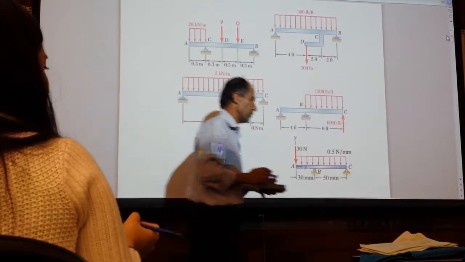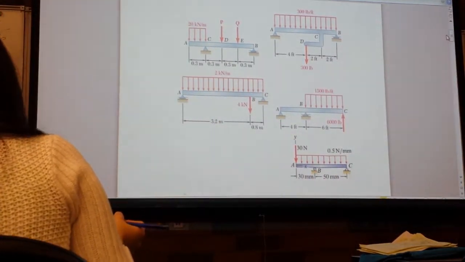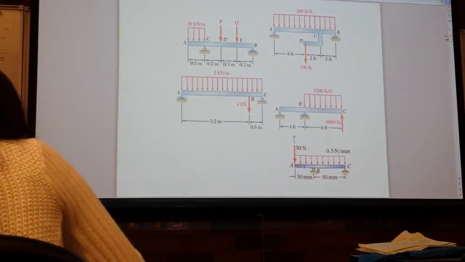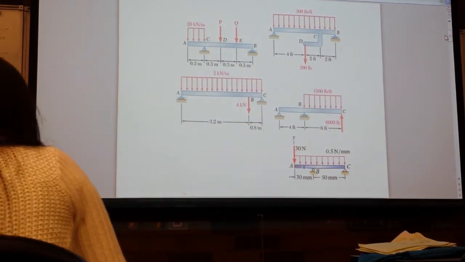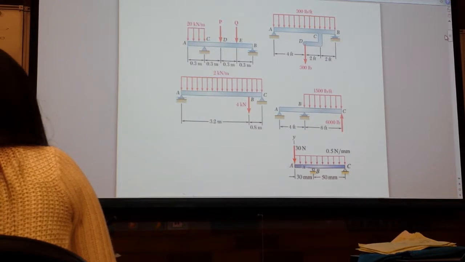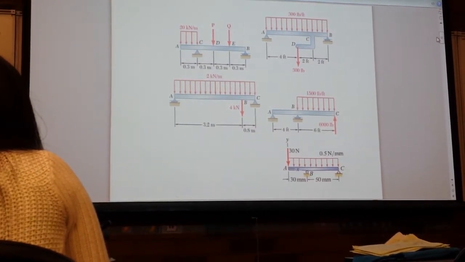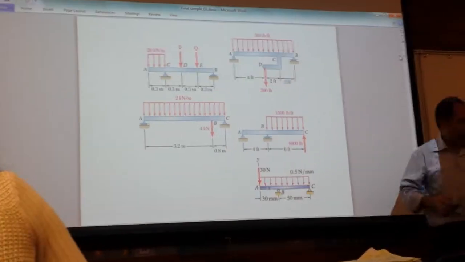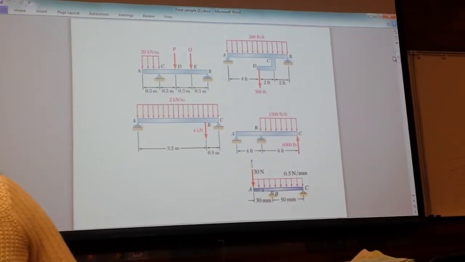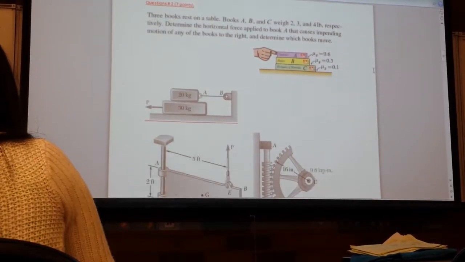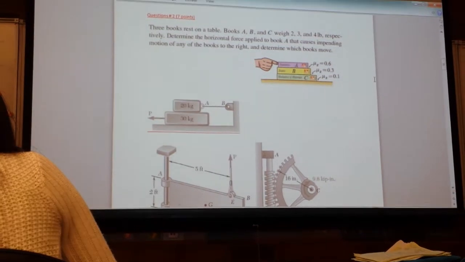Is this my cell phone? Because I put it on vibrate, but it's still ringing. I'm in the middle of the class. You apply it wherever it is. Because it's a bending moment. Yeah, this is unexpected.